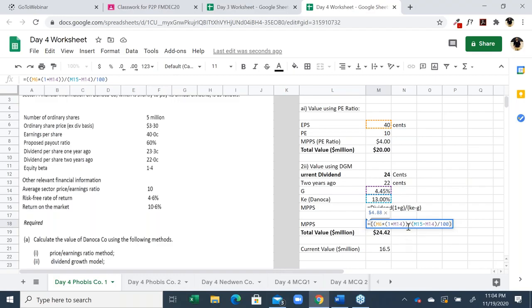Is it 2.93? Okay, let me calculate it again. Let us calculate again. That's not a big deal. The current dividend is 24 cents into 1 plus growth, which is 4.5%.